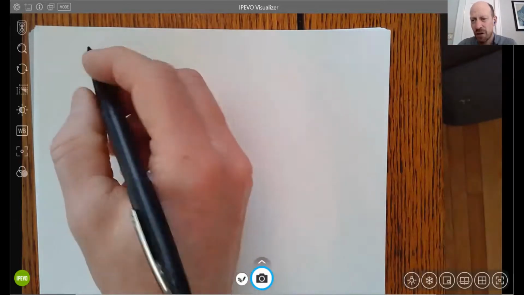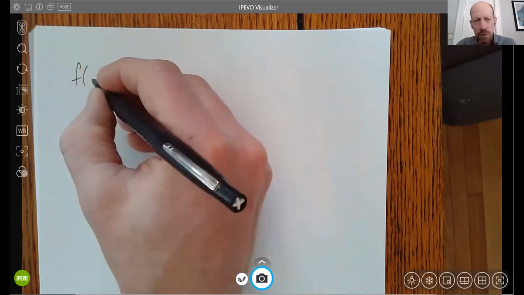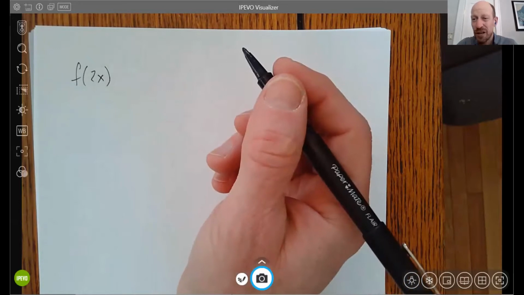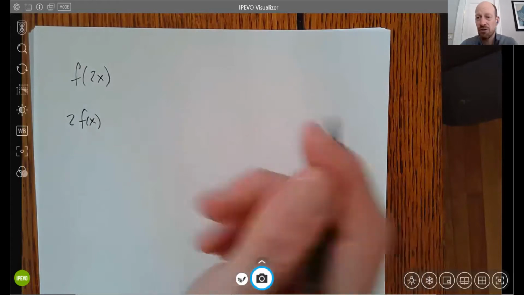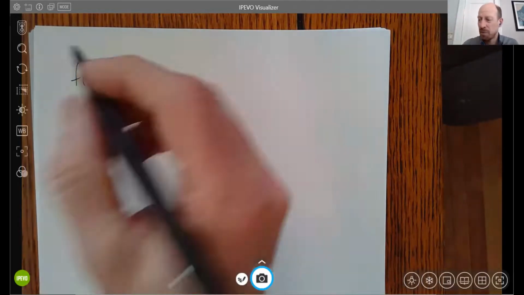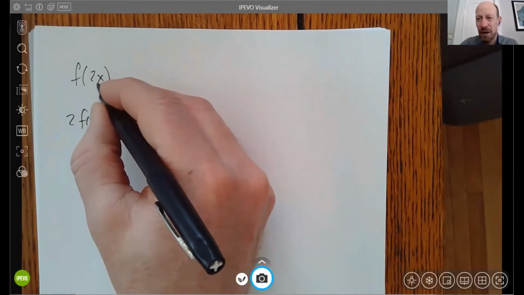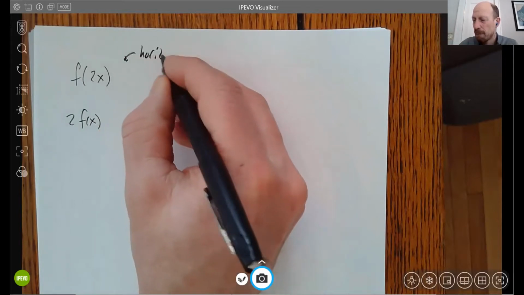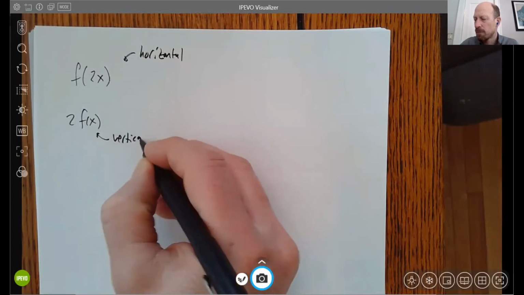You can know roughly what it does, but it's hard to graph the things properly. If you multiply or divide, you're going to end up doing the stretching or the shrinking. Which direction you do it, horizontally or vertically, depends on whether you multiply or divide on the inside by the x. Everything on the inside is going to be horizontal, and everything on the outside is going to be vertical.